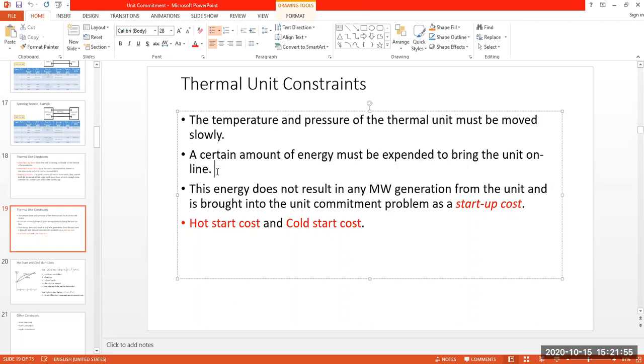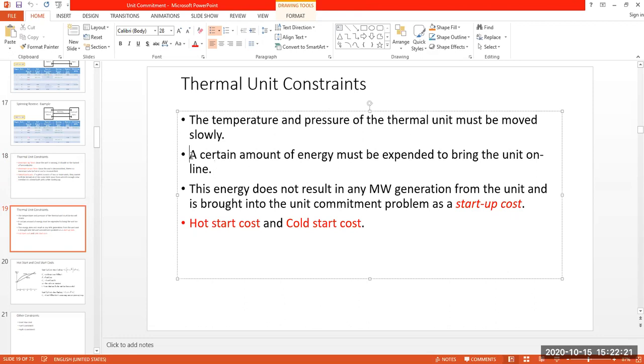This basically means that some amount of energy is required to fire up or heat up the boiler unit. The energy you spend heating the boiler is not converted from mechanical to electrical, which is your required output. So you have to heat up your boiler for some duration and burn fuel there.